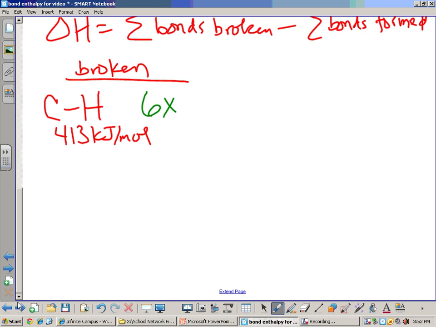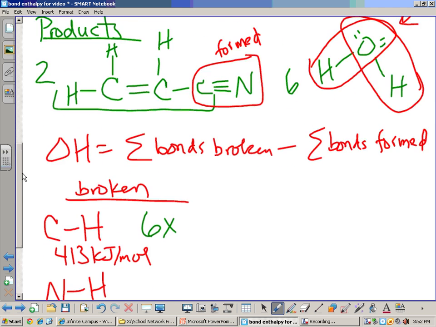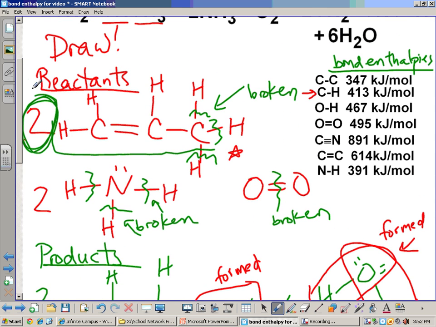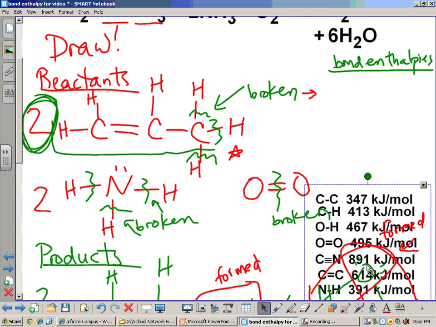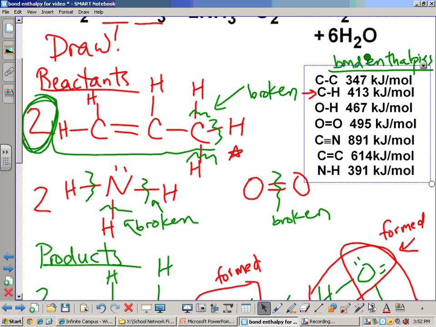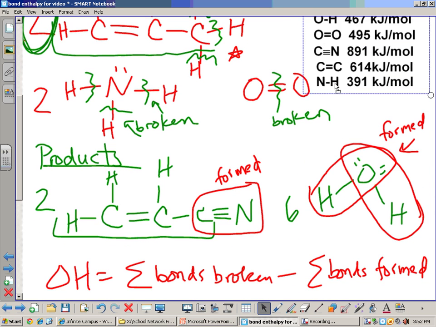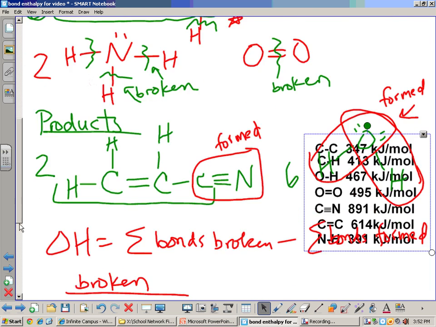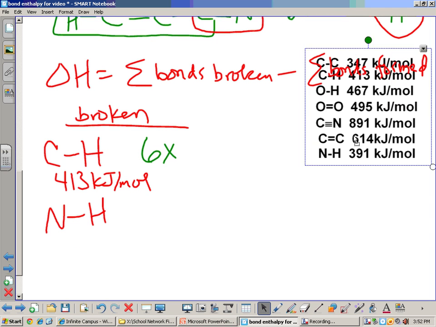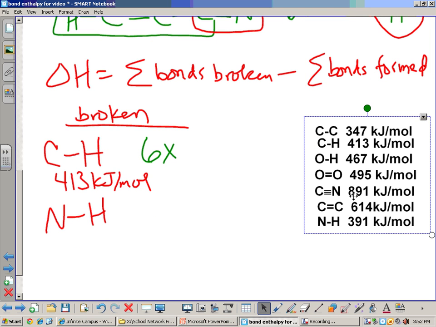We are also breaking the N to H bond. We're going to go back up to that bond enthalpies list. Actually, let's bring that down here, just so we can see it a little bit better. Okay, there we go. We have that N to H single bond, which, again, we have a look right there.